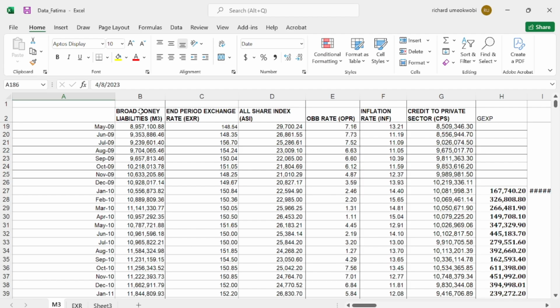So most times we also look at the level of money in circulation. If the central bank hikes their rates, they expect the credit to private sector to reduce because there isn't much money to give to the private sector. But if they reduce their rates, we expect the credit to private sector to increase.